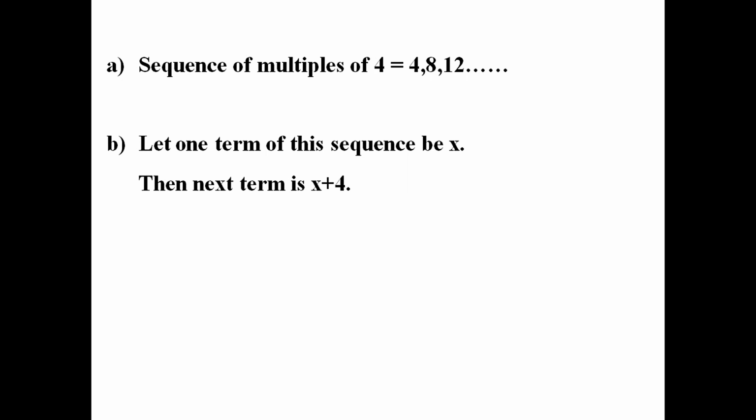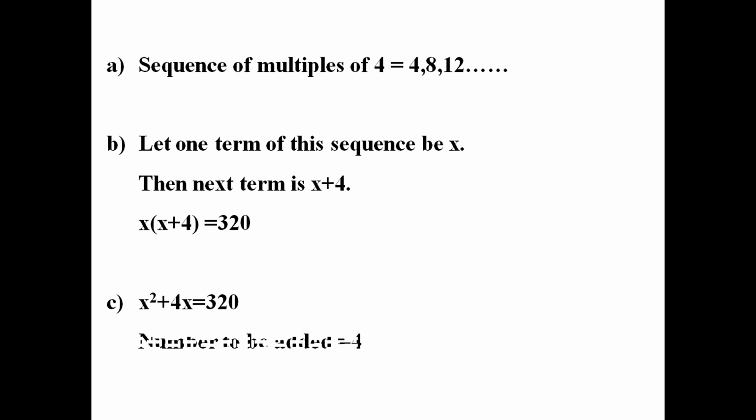Here we have taken x and x plus 4 as the consecutive terms. So the product x into (x plus 4) equals 320. Now multiplying, we will get x square plus 4x equals 320. Here the coefficient of x is 4, half of it is 2 and the square of it is 4. So we have to add 4 to make it a perfect square.